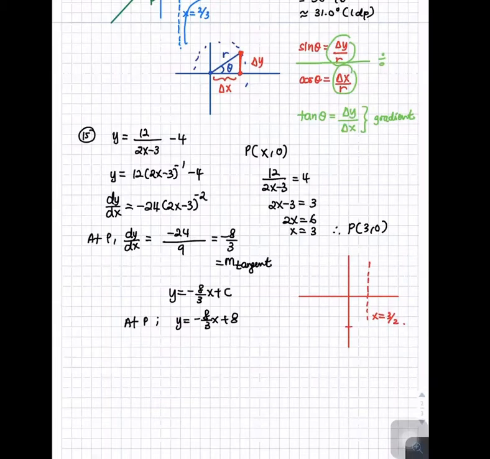So exactly here it's negative 8. I think there is a y asymptote at negative 4.